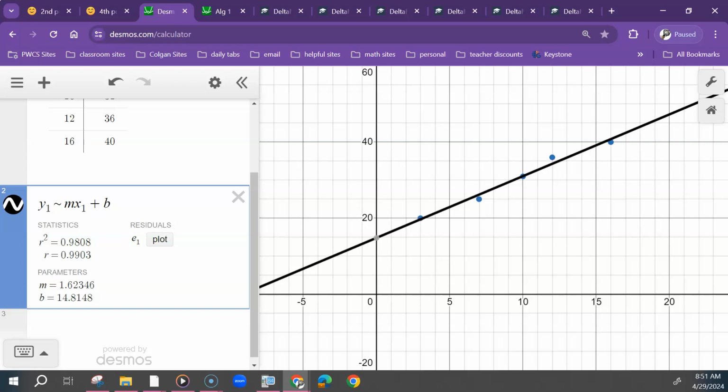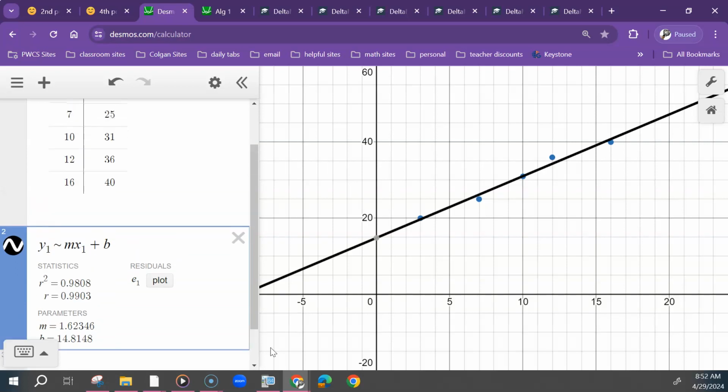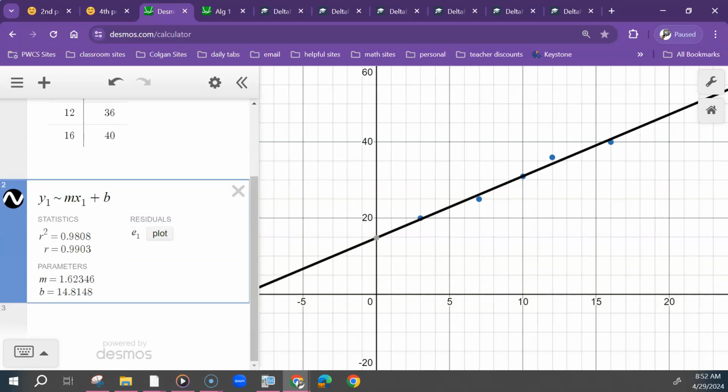And then round to 3 decimal places, so 1.623x plus, that's all, I typed in something. Maybe that was it. Maybe that was a different one. Okay. My graph doesn't look like that, but I still got the same answer. I hit the plus that was next to this.